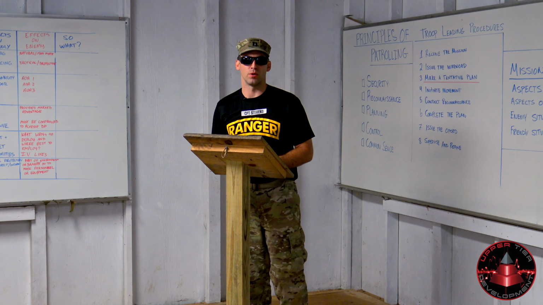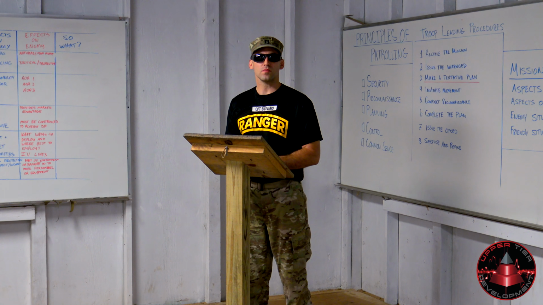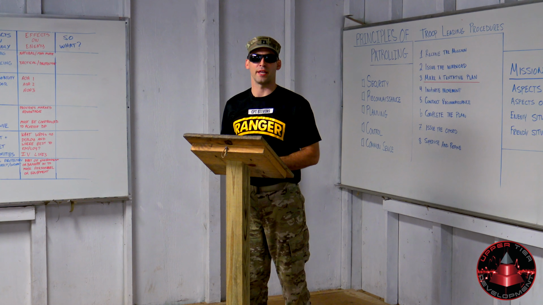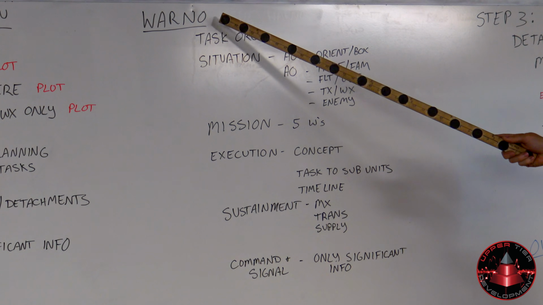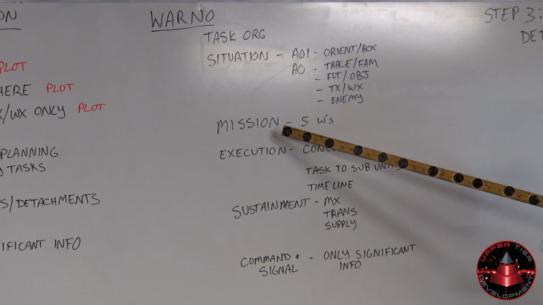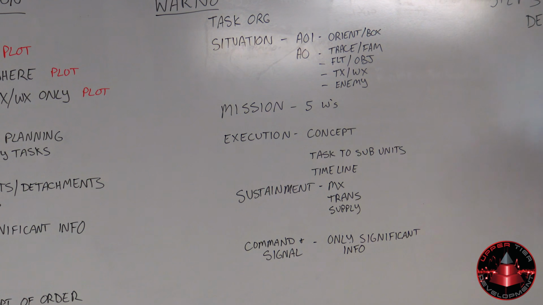Now that we understand what comprises the WARNO, we're going to go over how to actually brief it. So, just like all the other orders, this is going to be issued in a 5-paragraph format. You're going to start off with your task org, and then you're going to move on to your situation, mission, execution, sustainment, and then command and signal.